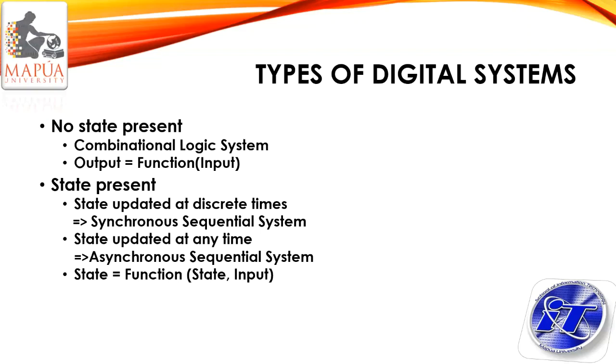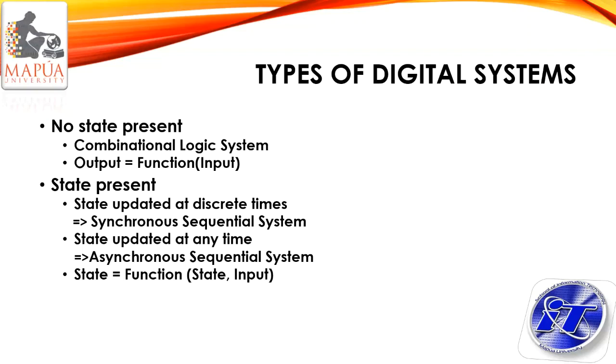Basically, synchronous and asynchronous, an example of this is sequential circuit. This is used in storing our data. That's why we're going to consider time and state, so it will determine when to store our data. Further discussion about state present digital system will be on the 11th week.